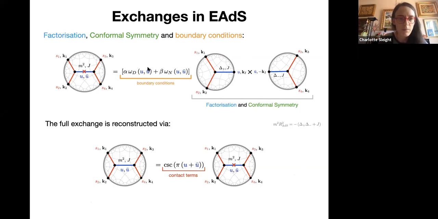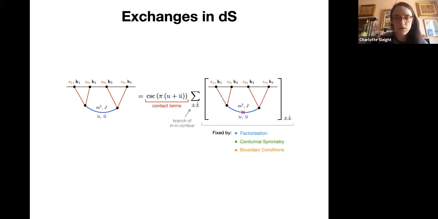So given the similarities between boundary correlators in AdS and dS that are in some ways made manifest by this framework, each of the steps that we've just taken to determine the AdS exchange can be carried over to de Sitter. So in de Sitter, as we've seen, the exchange decomposes into the various possible contributions within the in-in formalism. There are 4 of these in total, represented by this sum here, because the 2 points in the bulk can each sit either on the plus or minus branch of the in-in contour.